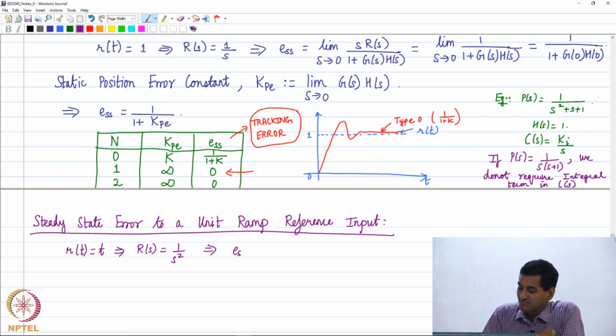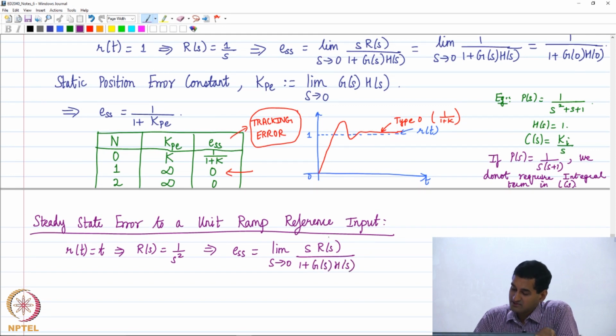So this immediately implies, repeating the same calculations, limit s tending to 0 of s times R(s) divided by 1 plus G(s)H(s). What will happen here?